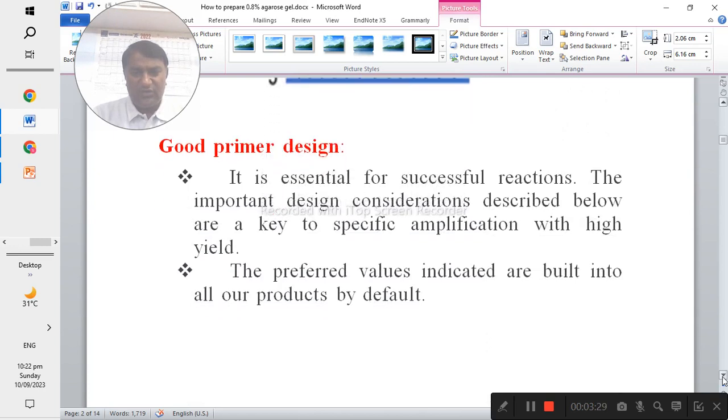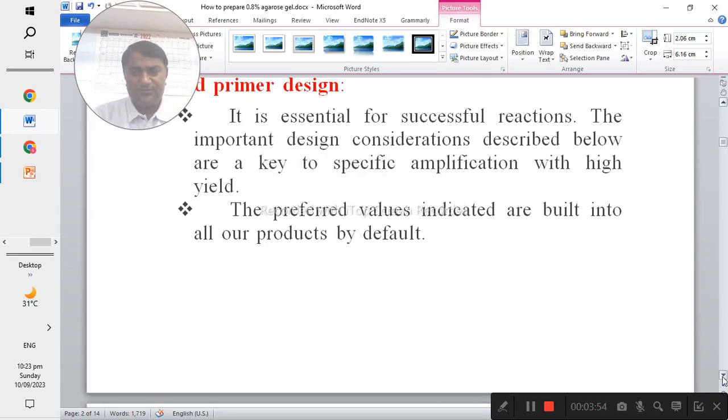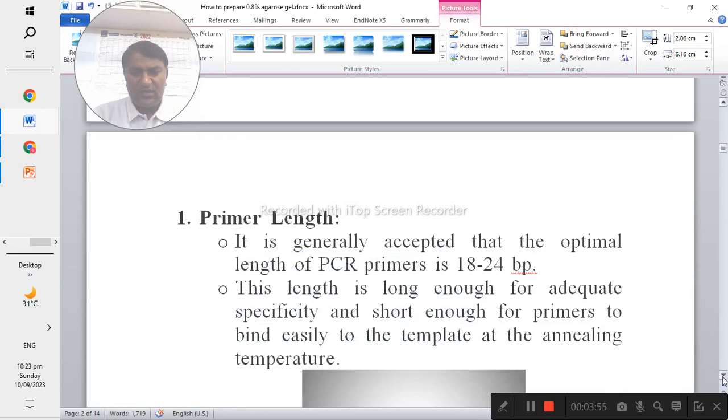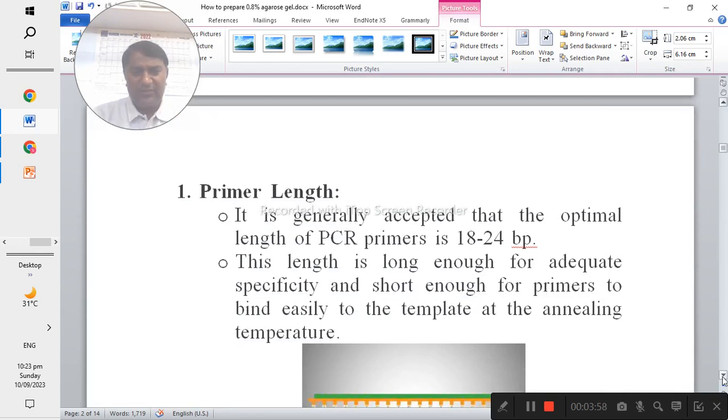So primer design is essential for successful reactions. The important design considerations described below are key to specific amplification with high yield. The preferred values indicated are built into all our products by default. So the first step is primer length.